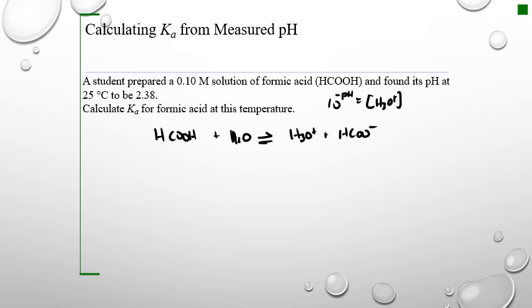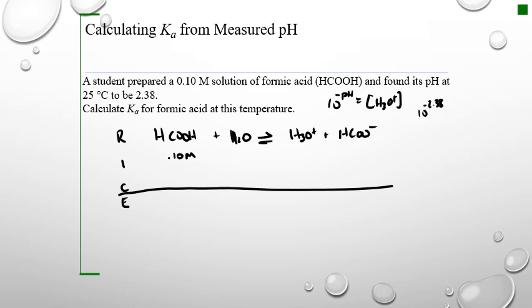As I look at this, I'm again going to set up a RICE table to solve this problem, except it's going to be a little bit easier now. When I take 10 to the negative pH, I have 10 to the negative 2.38.